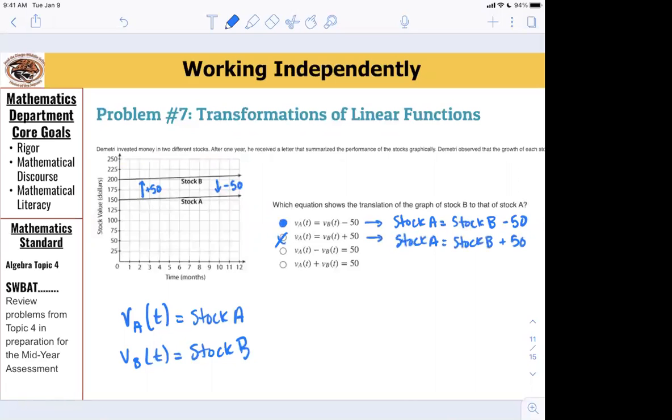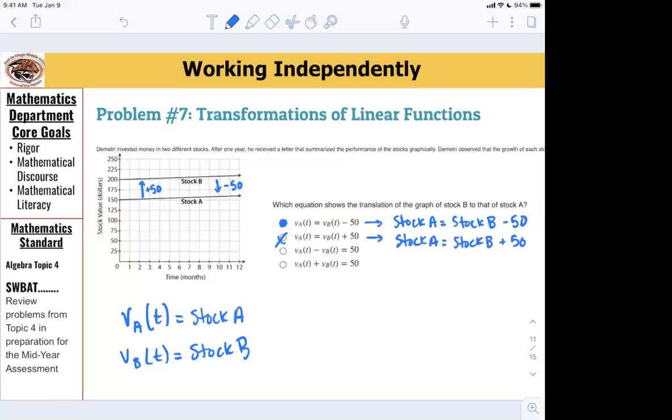They don't really say anything that makes sense. Answer choice C is saying that stock A minus stock B equals 50, which doesn't really make any sense. And then the last one is saying that when you add the 2 stocks together, you get 50. So this, again, is very confusingly written, but not that hard at the end of the day.